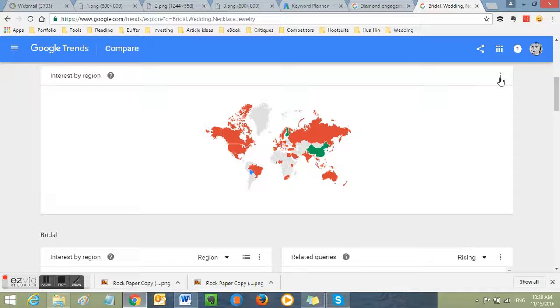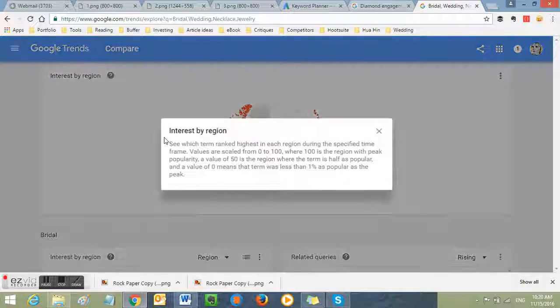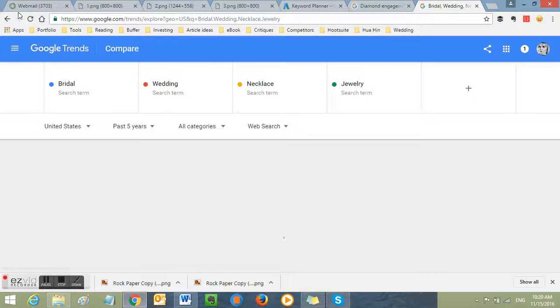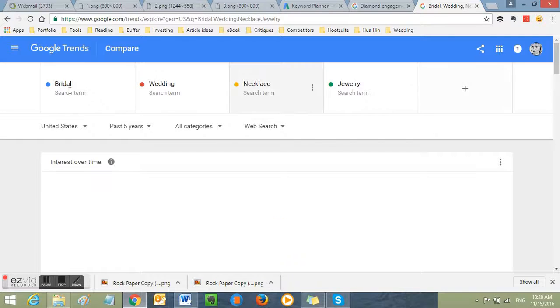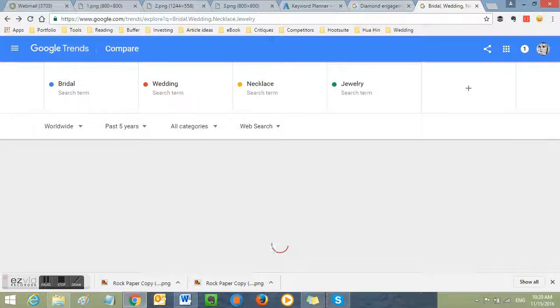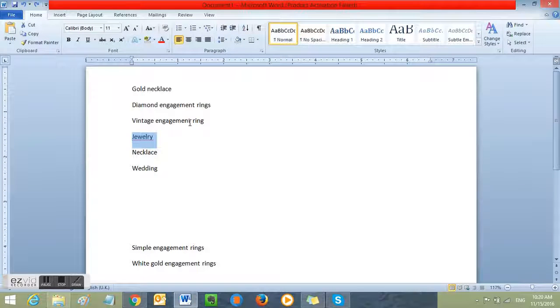I'm not sure. It's a good idea to see which term ranked highest in each region during the specified time. Okay, it's percent, obviously. It is all percent. This is 14% compared within the 100% of searches.